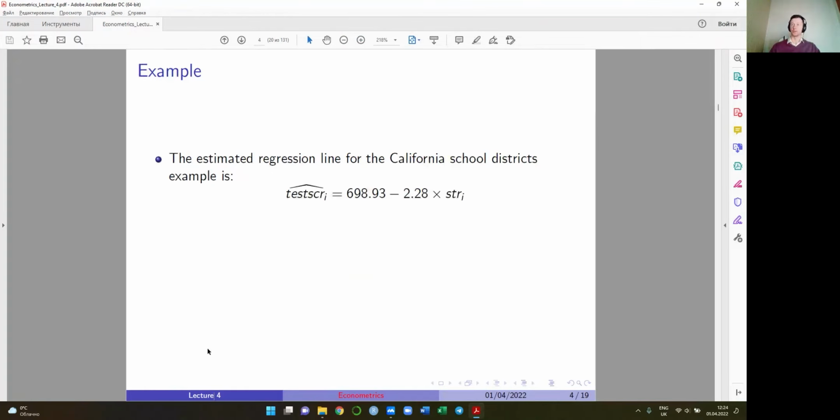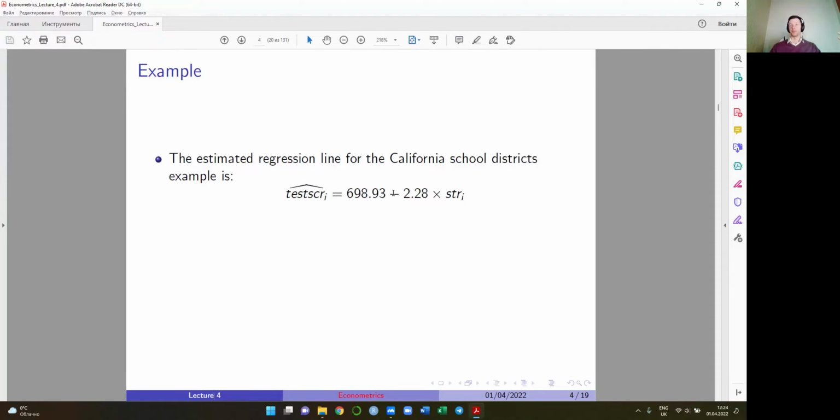So just to illustrate this idea, let's go to the example that we used, this California school districts example, and in the last lecture we estimated beta 0 and beta 1, and we got this OLS regression line.